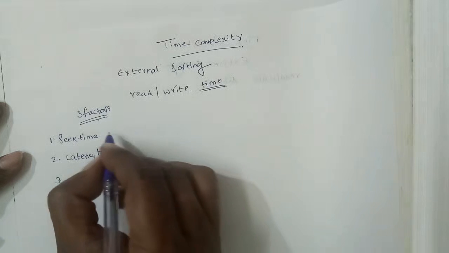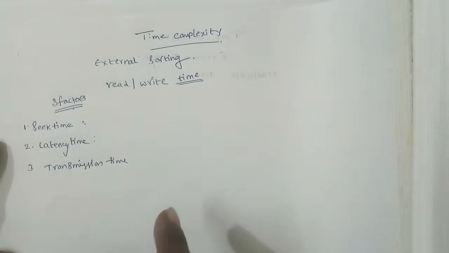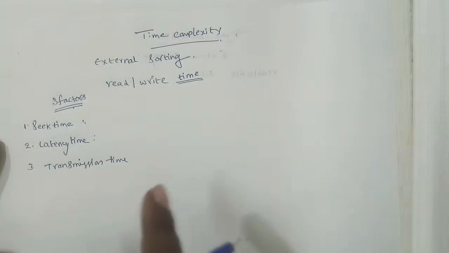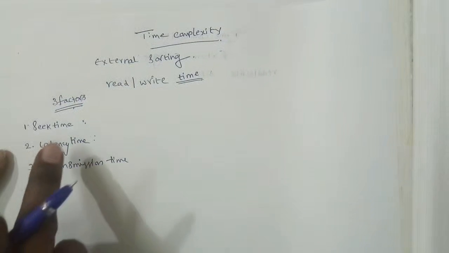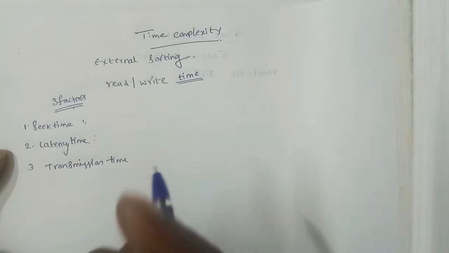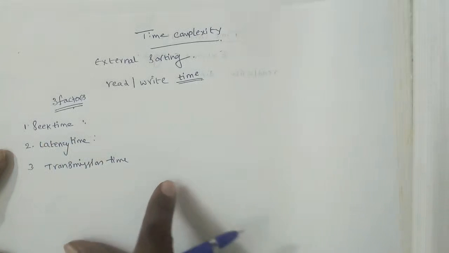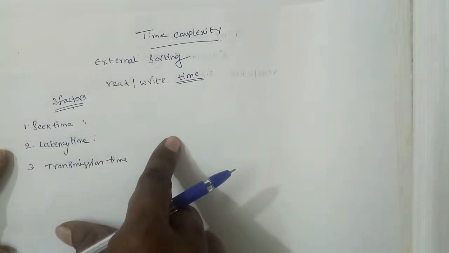Okay, what do you mean by this? Generally our disk contains different numbers of sectors, cylinders, tracks, and so on. Seek time means, suppose we are reading a record from a particular position or writing a record into a particular position.